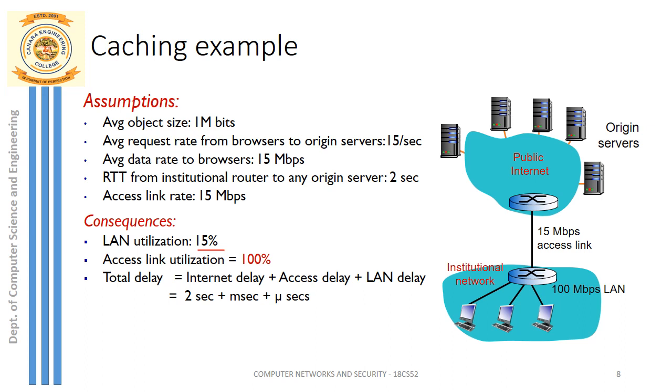Here we calculate the total delay as the sum of internet delay, access delay and LAN delay. The internet delay is 2 seconds, that is the total round trip time between the institutional network and the origin server. The access delay will be in terms of milliseconds, and the LAN delay is negligible, in terms of microseconds.